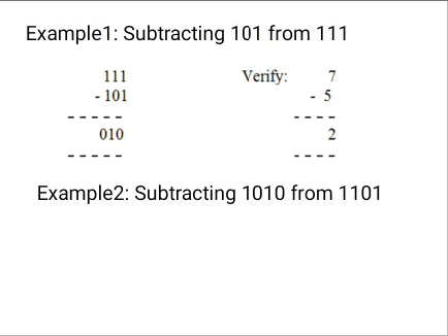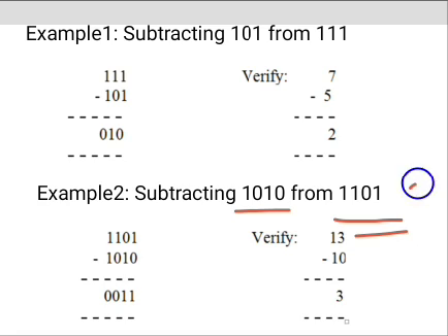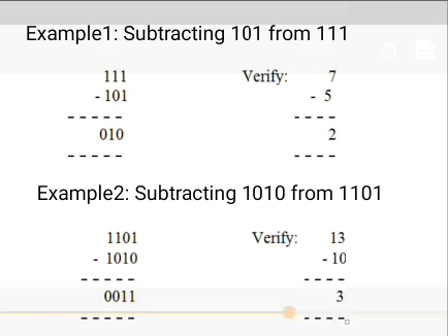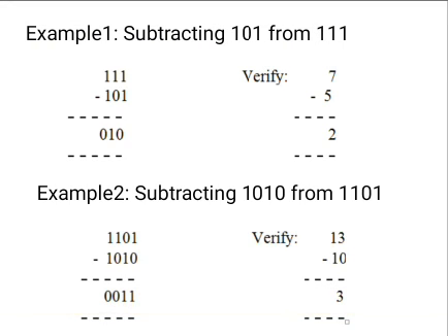Next example, subtract 1010 from 1101. You know, 1101 is 13 and 1010 is 10. 13 minus 10 equals 3. In the first column, 1 minus 0 equals 1.